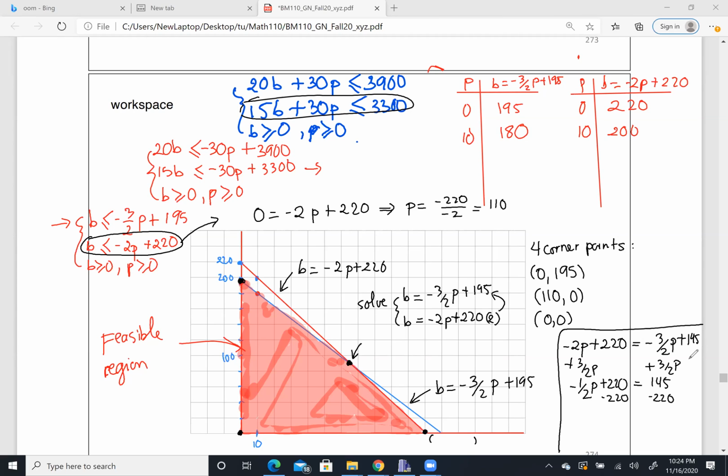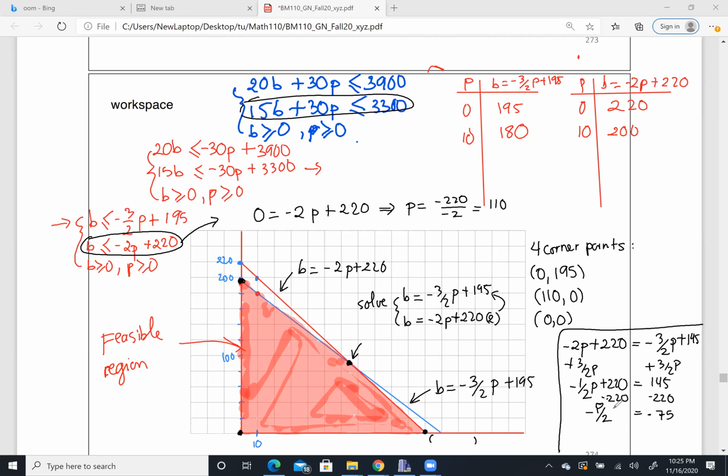Okay, and now the right hand side will be 145 minus 220, so it's going to be negative 75, and on the left negative p over 2 equals negative 75.